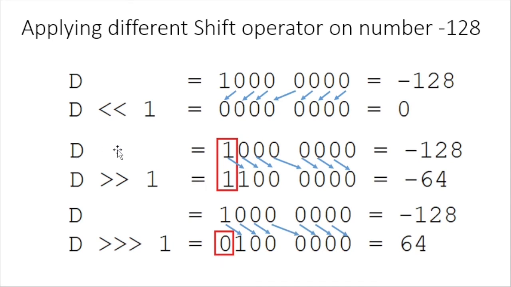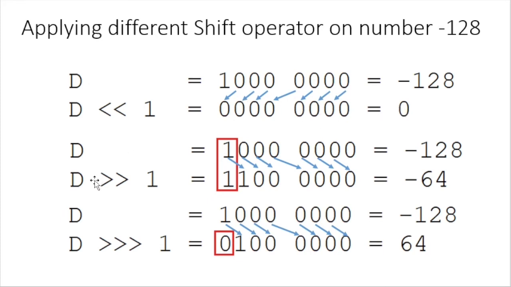Now applying the shift operator on minus 128. It is the lowest negative number that an 8-bit number can store. This is the sign bit, and the number is stored in 2's complement method. Otherwise you may feel like this is negative 0. It's not. When you perform the left shift operator on it, everything becomes 0.